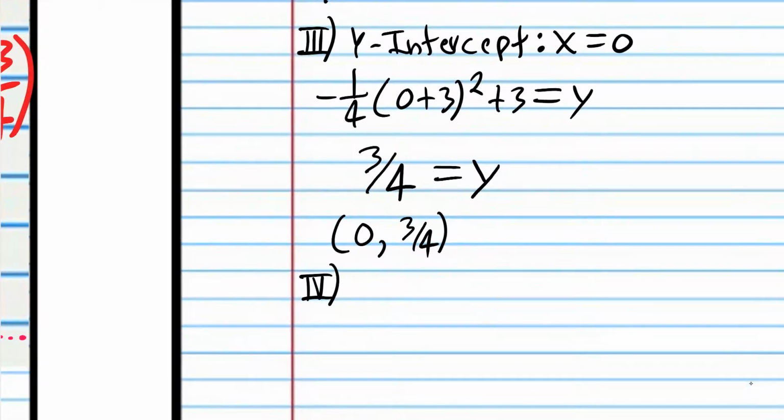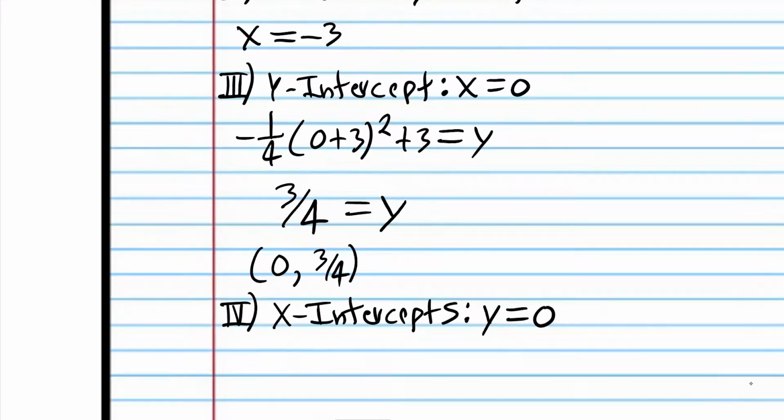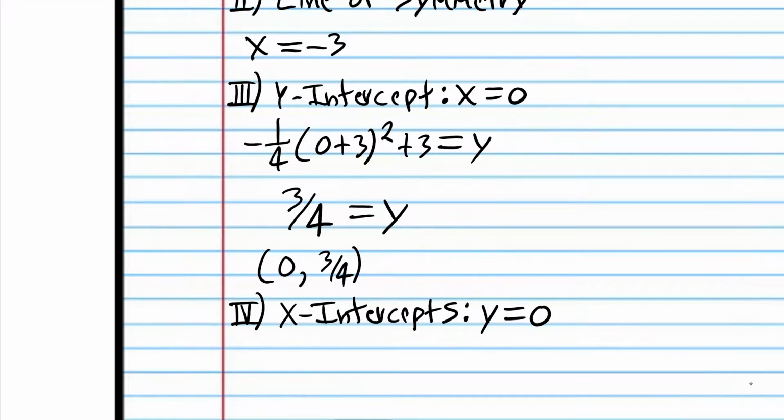Okay, so now we're going to find the x-intercepts. And to do that, of course, we're going to let y equal 0. When you find the y-intercept, you let x equal 0. When you find the x-intercepts, you let y equal 0.